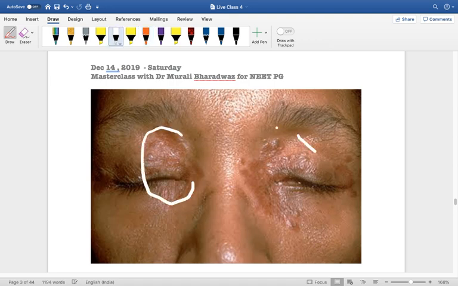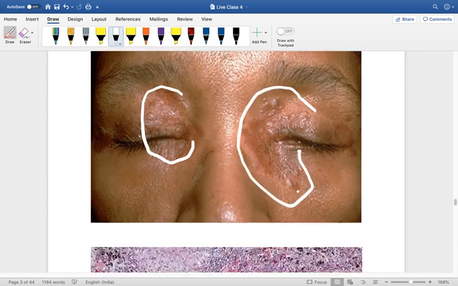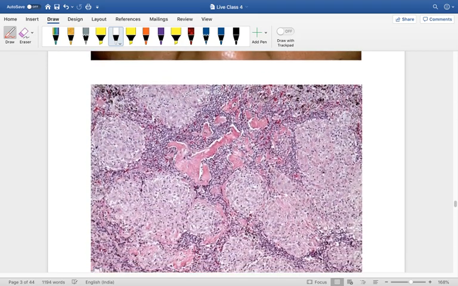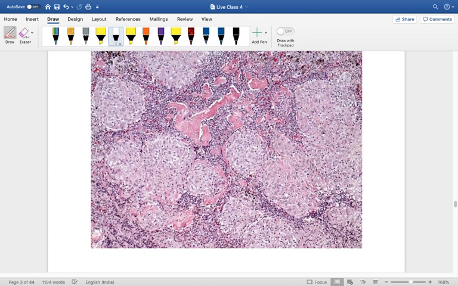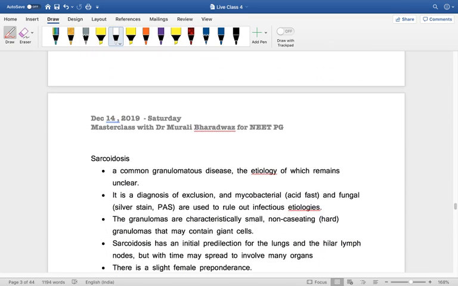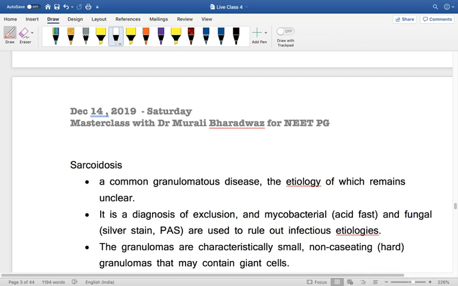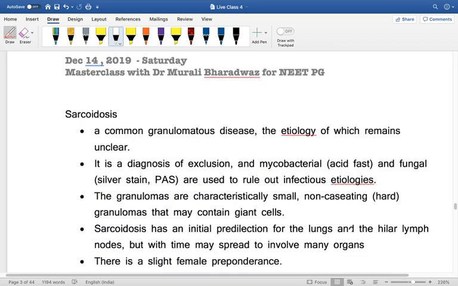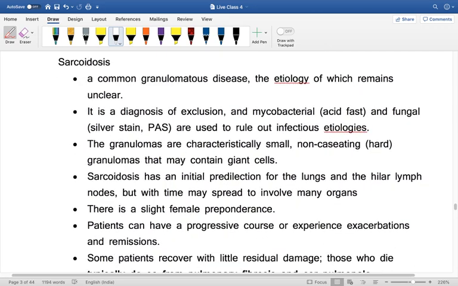These lesions are called lupus pernio, is what you should remember. And what is this? Granuloma. But this is a non-caseating granuloma. Non-caseating granuloma, lupus pernio, potato nodes with bilateral hilar lymphadenopathy.